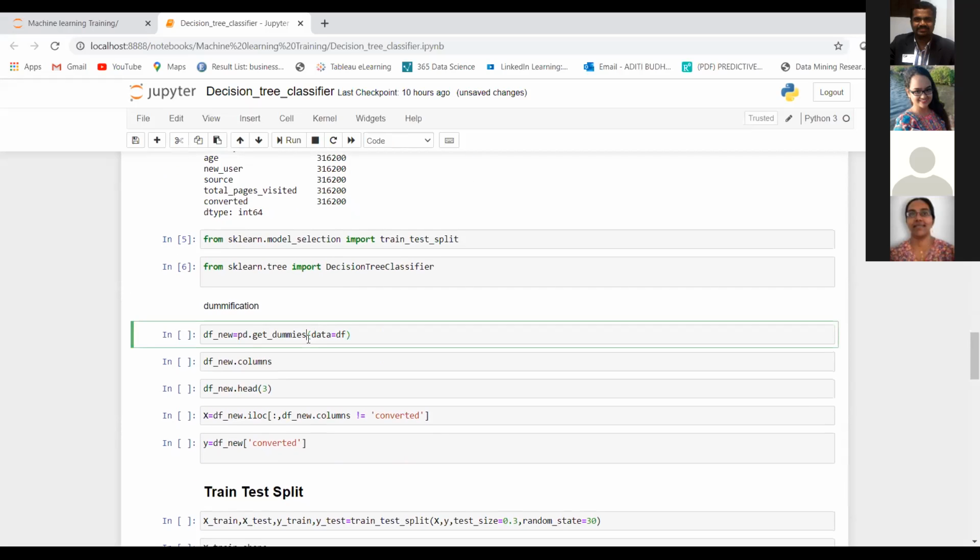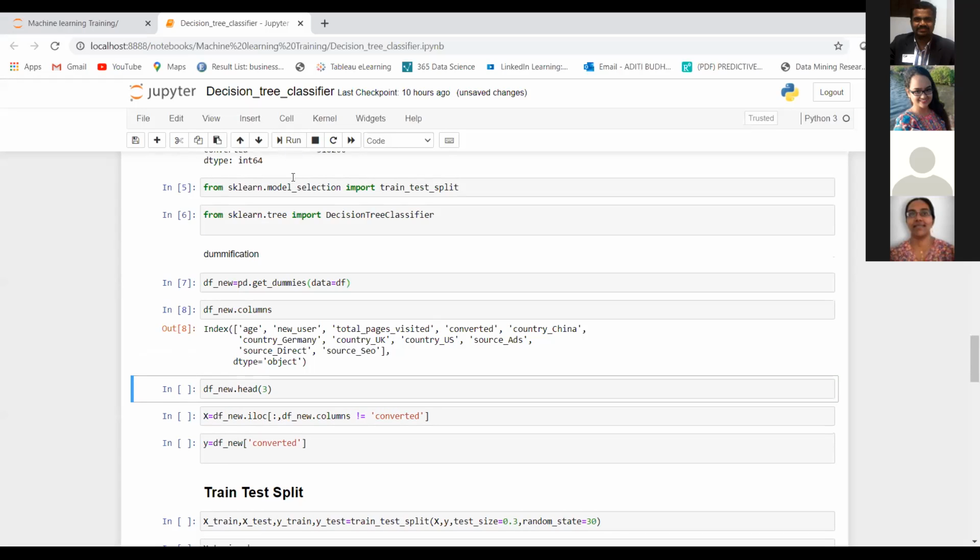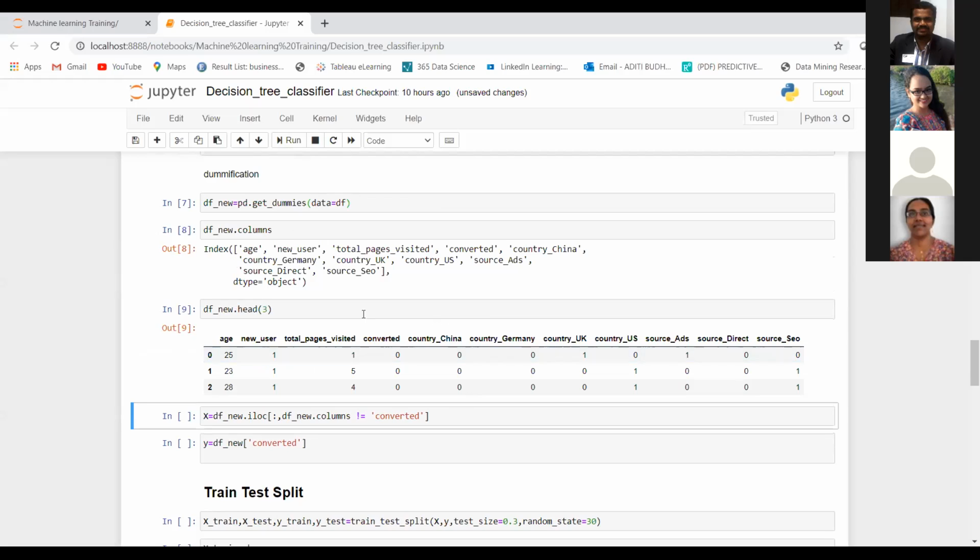So we had seen this dummification process, where we convert our categorical data into numeric. Here you can see that new columns have been created for each of the classes present in those two columns. We had this country and source data column, and we are carrying out dummification on these, and you will see that we now get four or five columns.